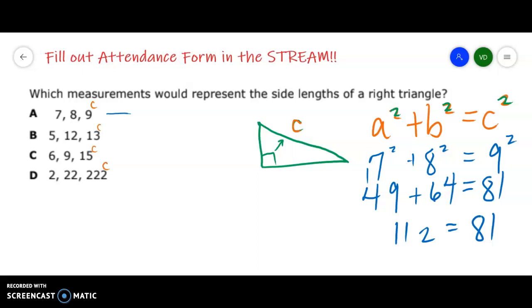Oops, I did that wrong, actually. 113. Okay, that should be right. Anyway, my point is, right, 113 is not equal to 81. Okay, that is a false statement. So I could not pick answer choice A as my correct answer, right?